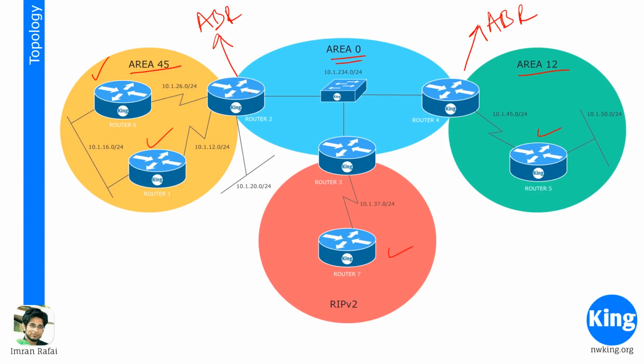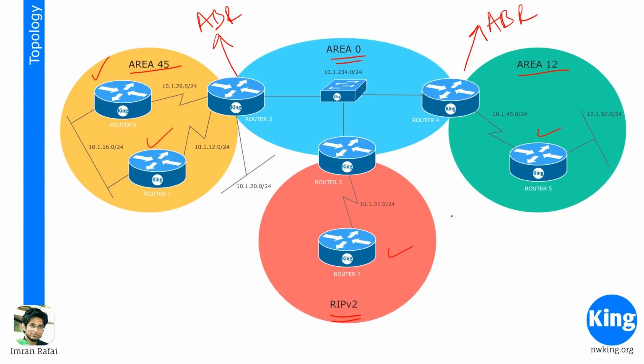This router, if you see, is running RIP, right? So any router that sits at the edge of the OSPF network. For instance, in your organization you have a case where you have some devices running on RIP or EIGRP, another routing protocol other than OSPF.